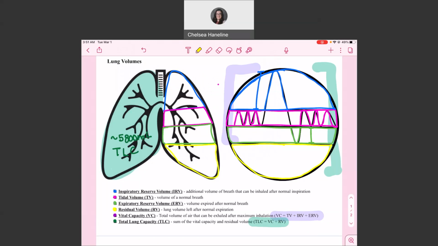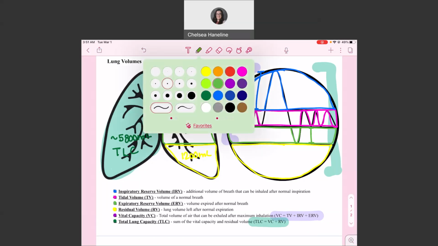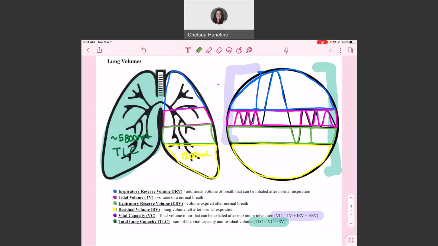Our residual volume is typically approximately 1,200 milliliters of our total lung capacity. Our expiratory reserve volume is approximately 1,100 milliliters.